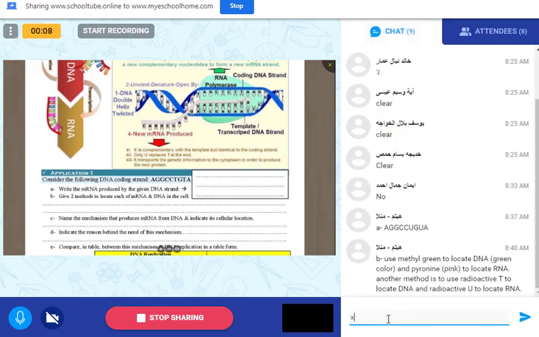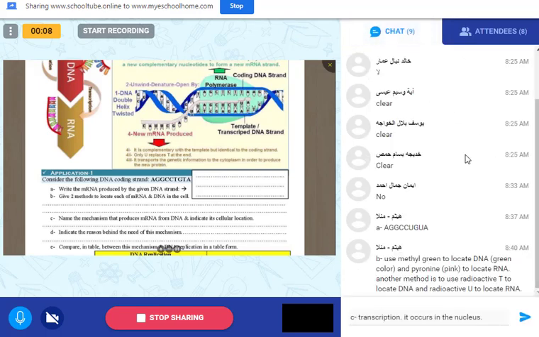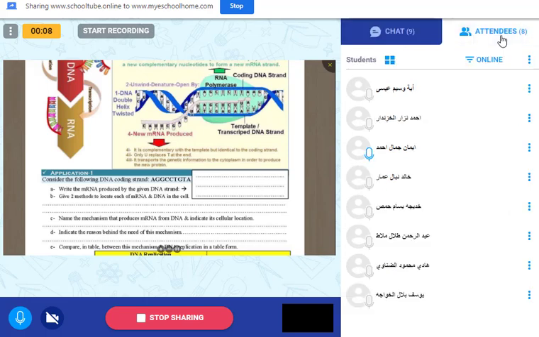What is the name of the mechanism that produces messenger RNA from DNA? Transcription.